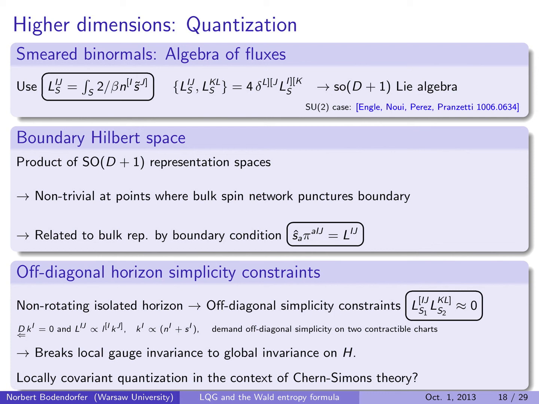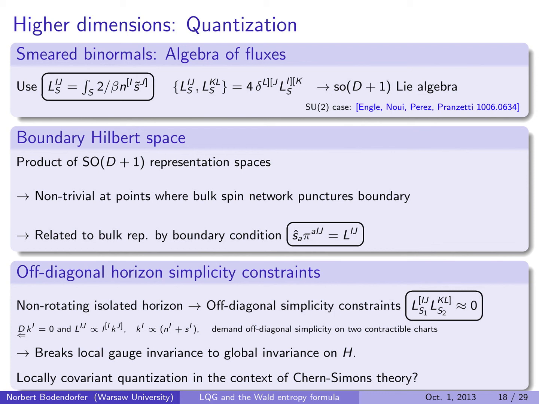Now there is some slight hand-waving in this argument, because the condition that the covariant derivative of k equals 0 of course does not impose that the partial derivative of k equals 0. However, imposing this condition is essentially the best you can do when using these L's as horizon degrees of freedom. With another argument, you might say that in the end, what we want to do is count degrees of freedom on the isolated horizon, so it's only important that we get the degrees of freedom right.